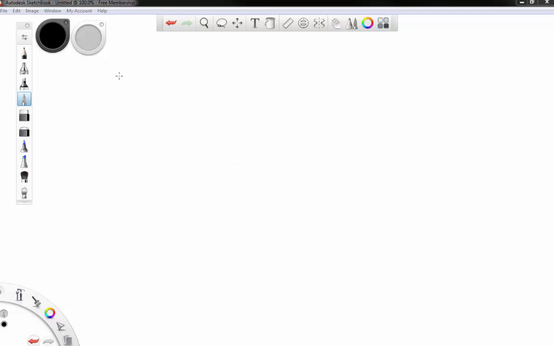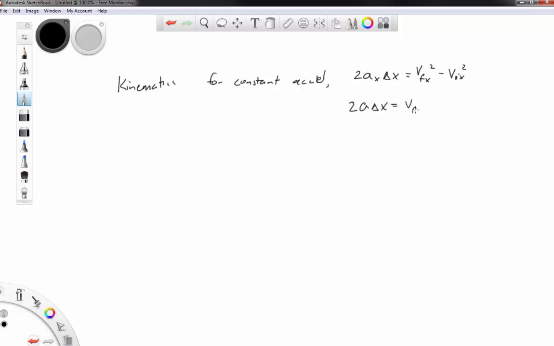Kinematics gave us that for constant acceleration, we can write 2 a sub x delta x equals v final x squared minus v initial x squared. In 1D motion, this would be written as 2a delta x is v final squared minus v initial squared.